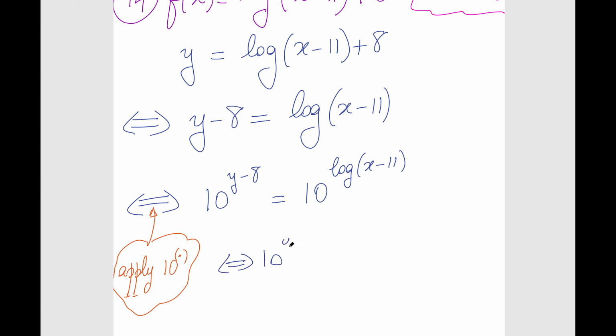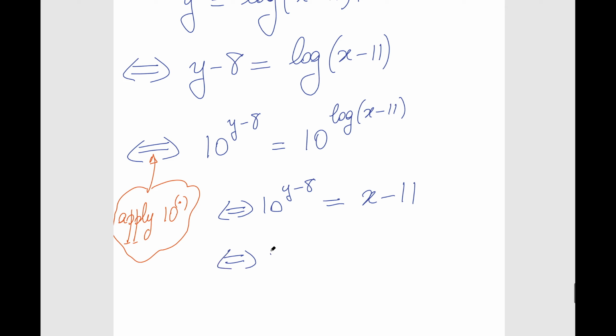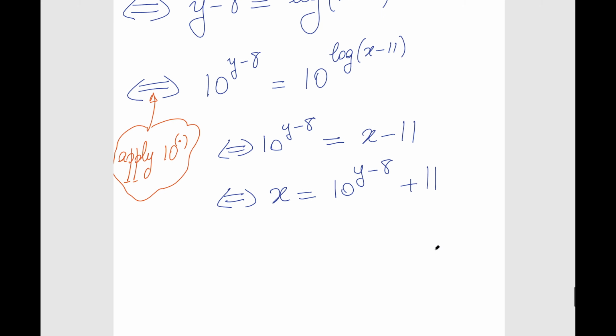You get 10 to the power y minus 8 is equal to x minus 11. And this means that x is, if you add 11 to both sides, 10 to the power y minus 8 plus 11. Agree with me?